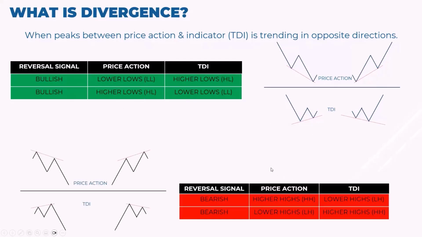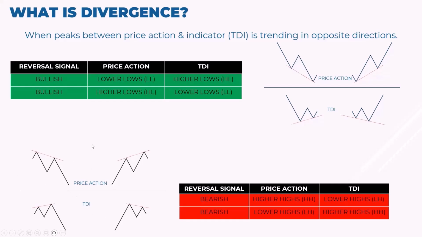The same is true for bearish. We're heading down, so we should be creating lower lows, but the TDI is creating higher highs. When price pushes lower and the TDI comes higher, it's a signal that we're going to go down, it's going to short off.